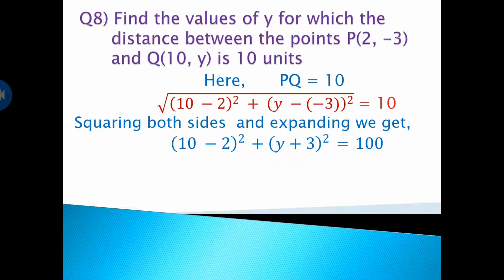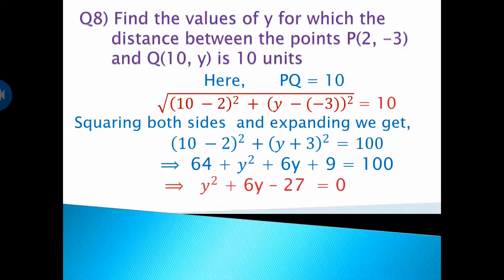Now we take the square on both sides and expand. So we get a quadratic equation as y square plus 6y minus 27 equal to 0. This quadratic equation we can solve either by using the quadratic formula or by using the splitting the middle term method. I have applied the splitting the middle term method. So the values of y are minus 9 or plus 3.